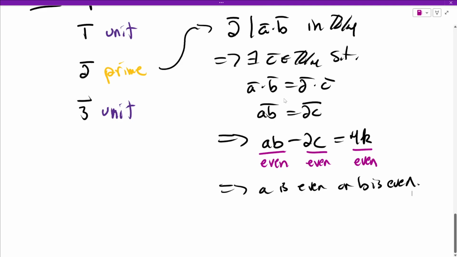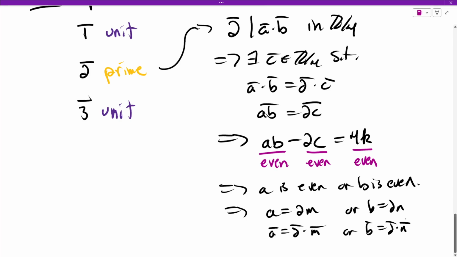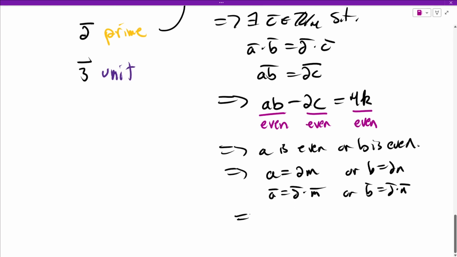Great. Now, what else? What does that tell us? Well, this tells us that a is 2k. I already used a k, didn't I? Dang it. a is 2m, run out of letters. Or b is 2n. But if we look at what's happening down in Z4, this tells us a bar is 2 bar times m bar, or b bar is 2 bar times n bar. In particular, this one would tell us 2 divides a, and this guy would tell us 2 divides b.